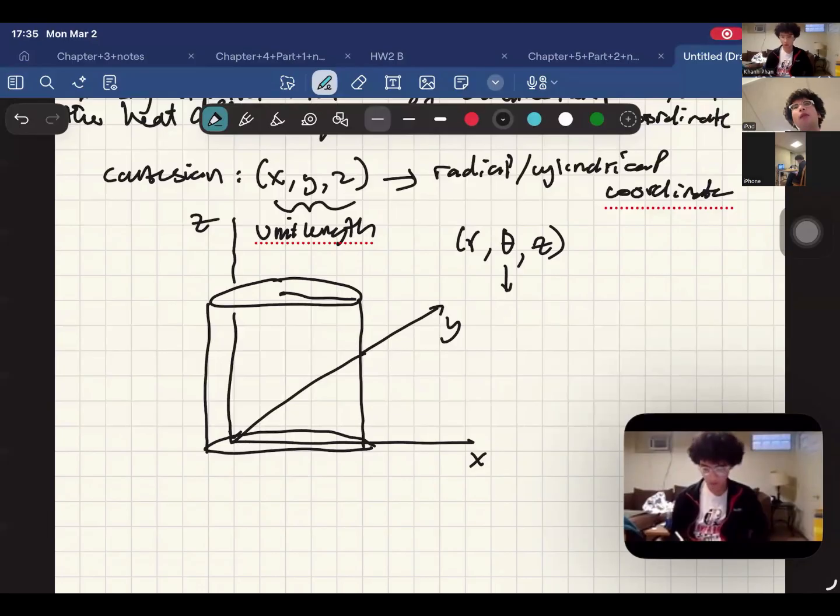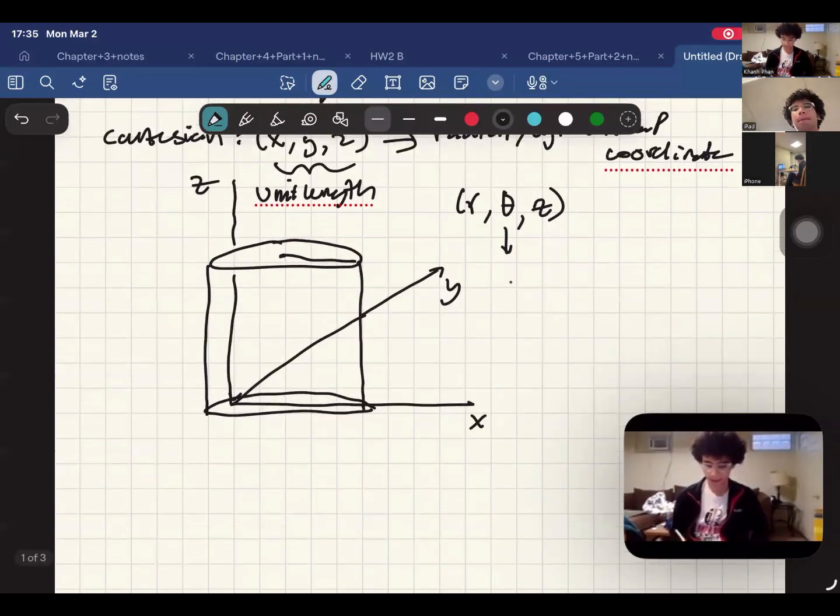But you have to notice that the situation for theta is gonna be different because theta is an angle unit.